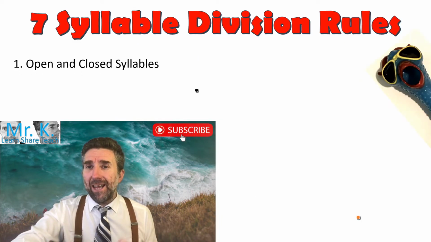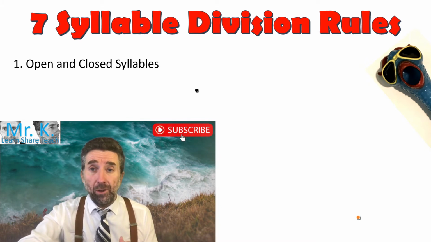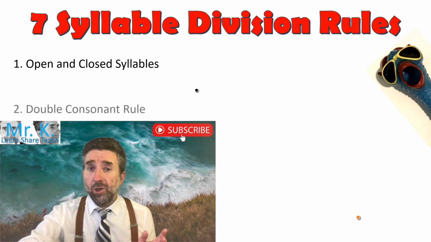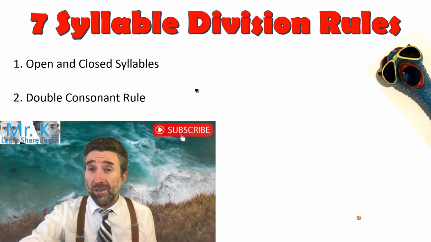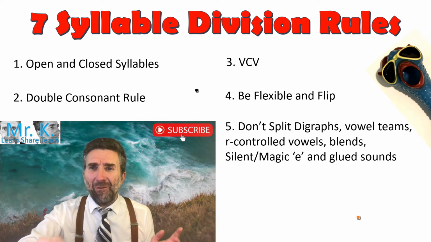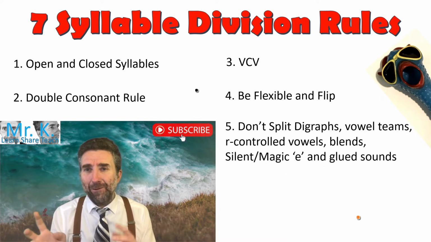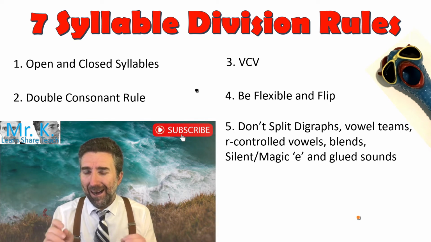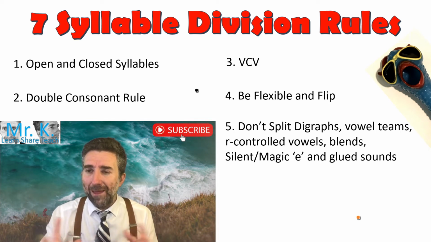Now, there are 7 basic syllable division rules. Number one, we've got open and closed syllables. If you can identify those, that'll help you know where to divide the syllables. Number two, there's a double consonant rule. Number three, you've got the VCV rule. Number four, you've got the be flexible and flip rule, which is a bit of a different rule, but we'll talk about that.